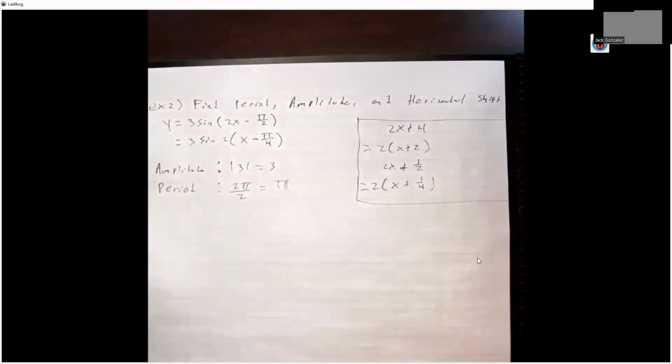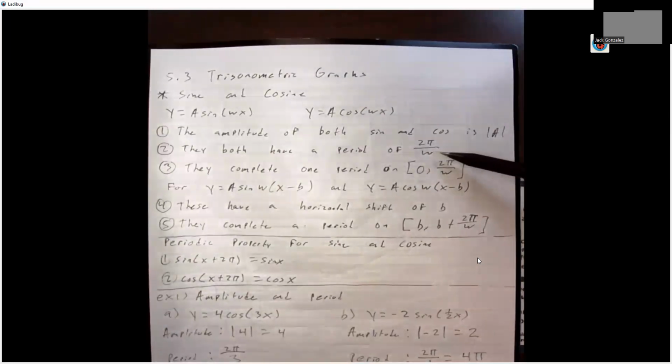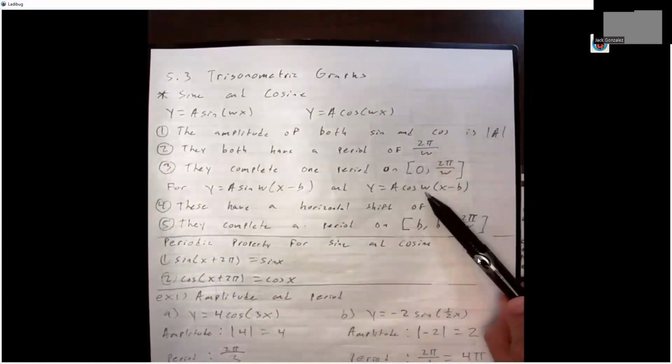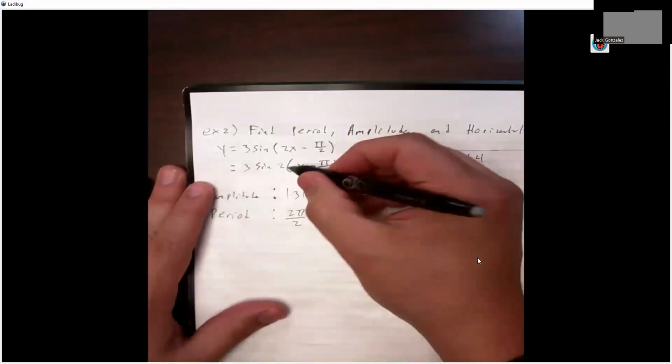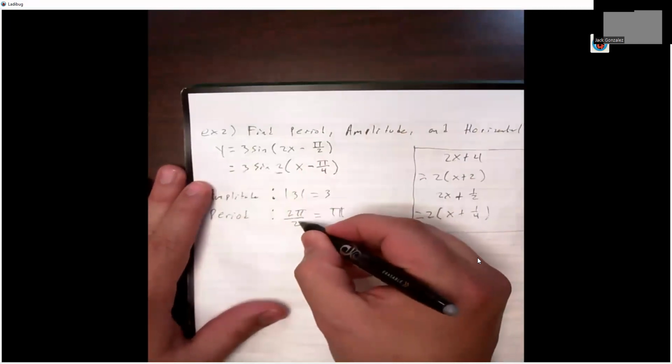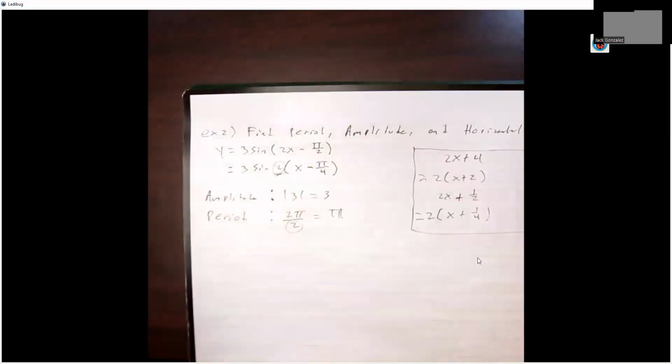Does that make sense? The formula said to find your period, you take 2 pi divided by omega. Our omega was 2. Okay. We factor that 2 out in front of the argument. That's what we did here. So this 2 is this 2 here. I'll circle both of them. That makes sense?